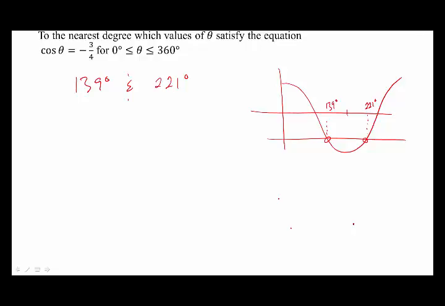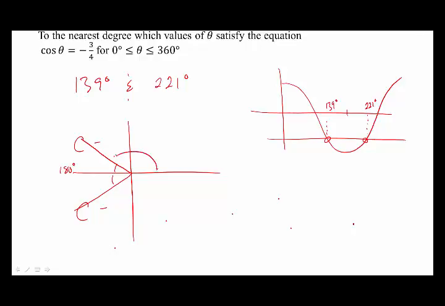Now here's your proof. Where is cosine negative? Remember in the first quadrant, everything's positive, so there's nothing there. Cosine is negative here and here, yes? Which means it's going to be symmetrical around what angle? Around the 180.